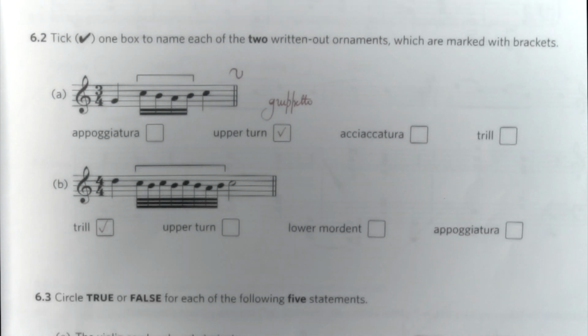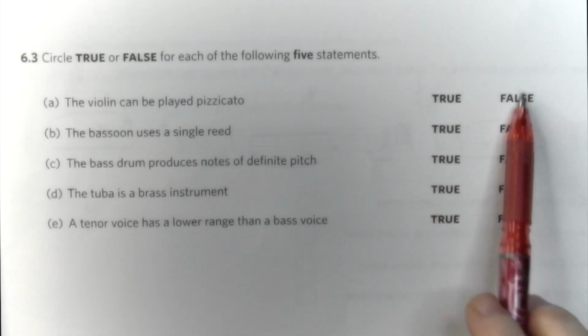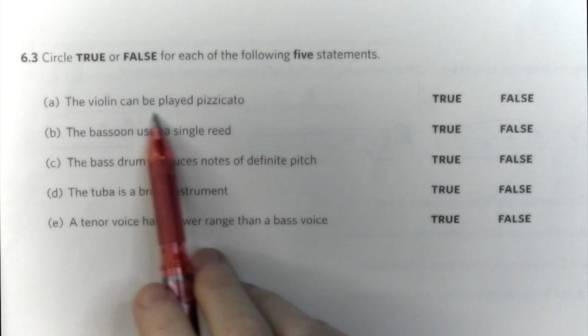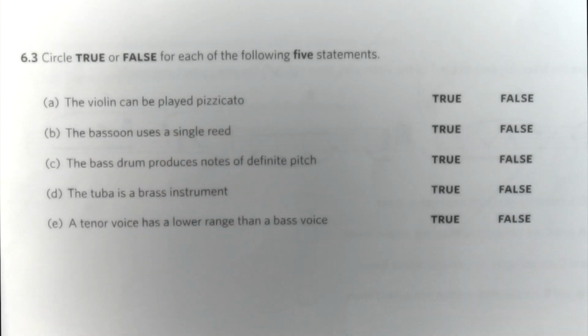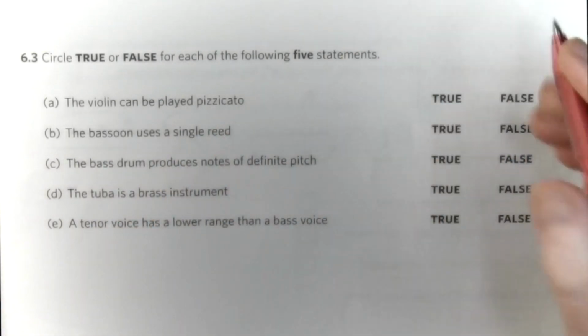Okay, question 3. Another group of questions to circle true or false depending on whether we agree or not with the statements, and it's all about memorizing experience, knowledge in general. So let's see. The violin can be played pizzicato. Yes, when it plucks the strings instead of striking them with a bow.